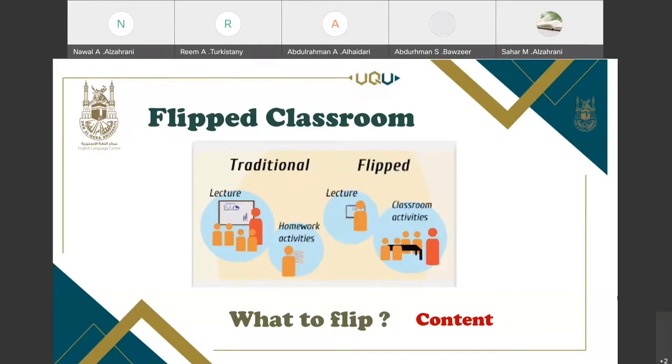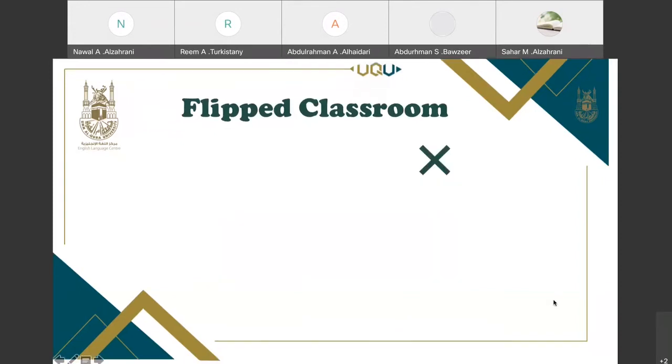So here, I'm going to give you some examples of where you are going to flip your classroom. To make this very clear, first of all, we have to erase the misconception or misapplication of the flipped classroom. Because some people might say, oh, this is not a new idea, I used to do this before.